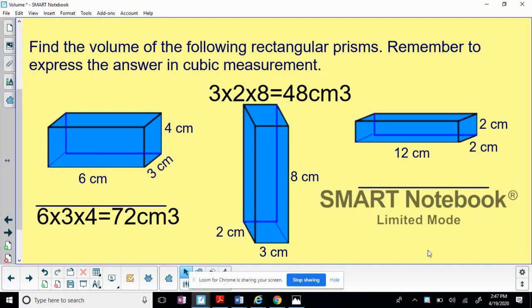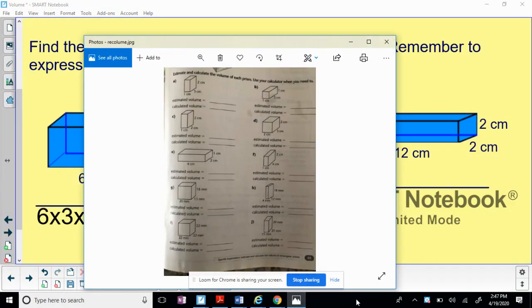If you did want some extra practice with this, this is from our textbook at school. What I like about this is you get to see the different units of measurement. There's one with millimeters. It also allows you to estimate, which is good.